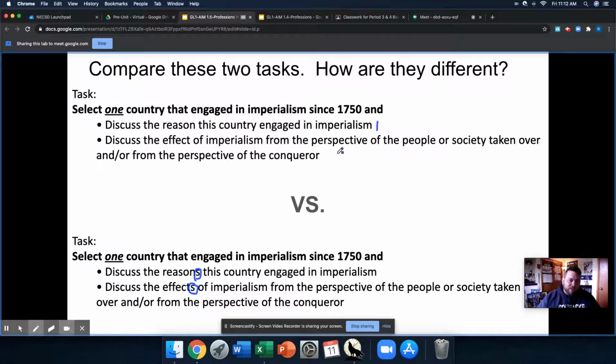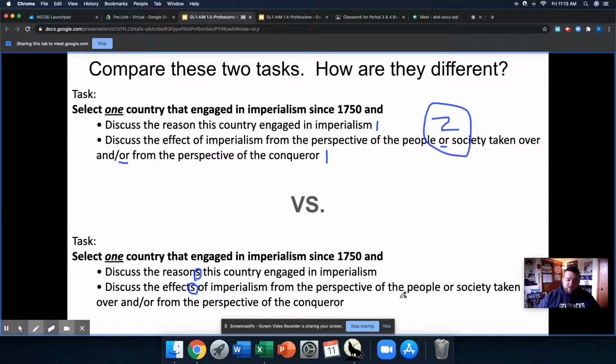So as far as a minimum is concerned, pay attention to the words they're using: or, okay, or. That's important to know because we need this or this or this. So the minimum number of requirements here as far as aspects is really 2 total. Okay, so this is the important thing that we need to understand.